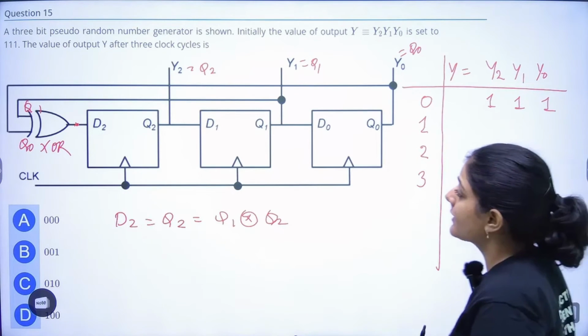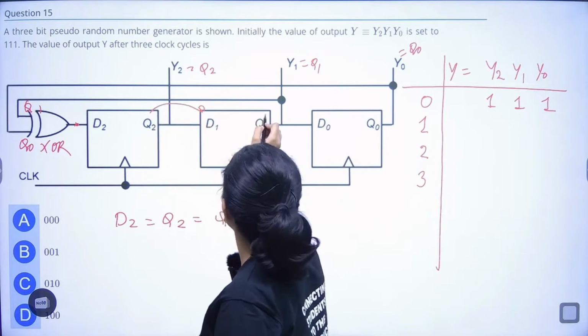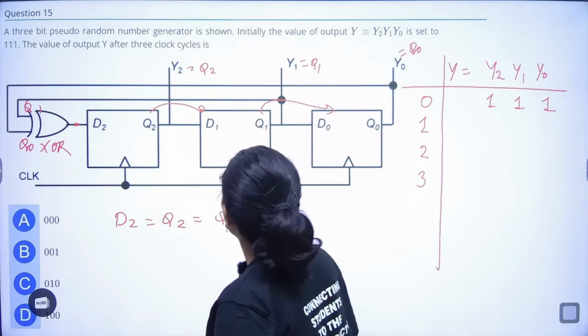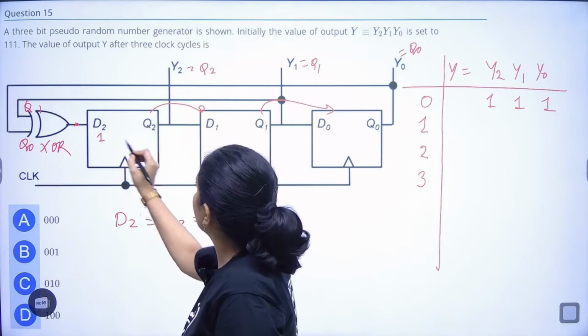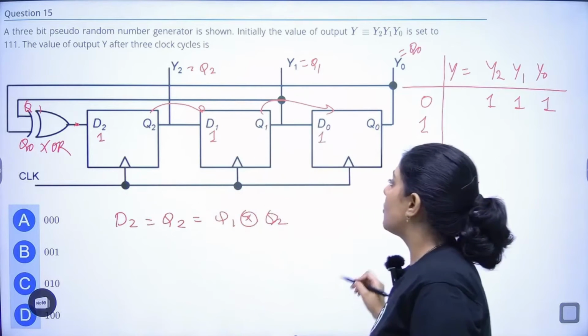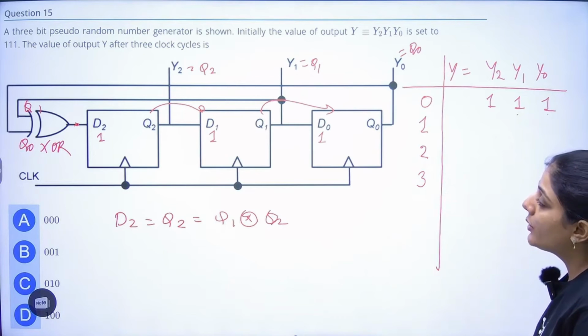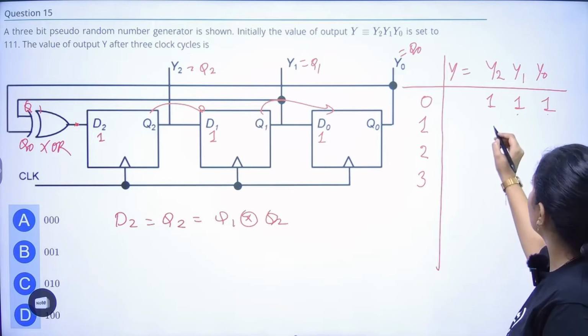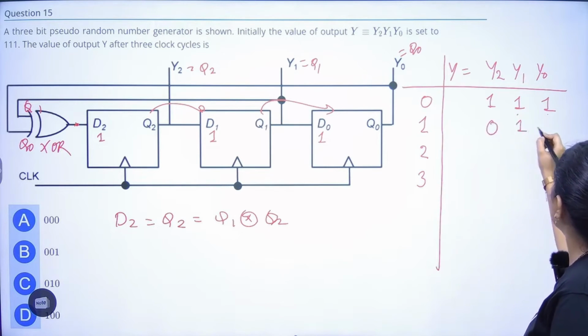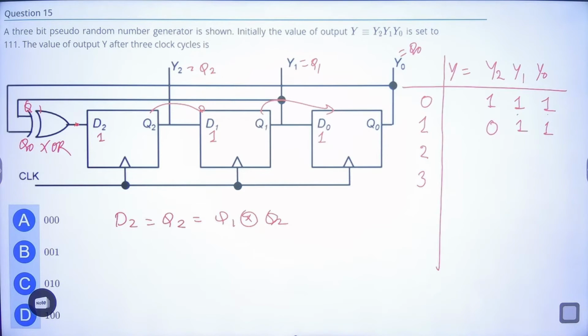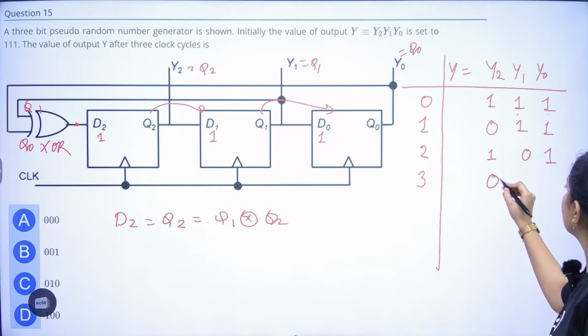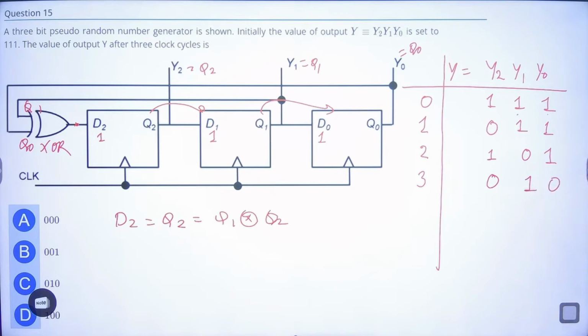Okay, and this is what? This is shifting like this. So initially the values were 1, 1 and 1. So 1 XOR 1 will be equal to what? 0, and 0 will come here and these values will shift. 0 XOR 1 will be equal to 1, so 0, 1. 1 XOR 1 will be equal to 0, so 0, 1, 0.